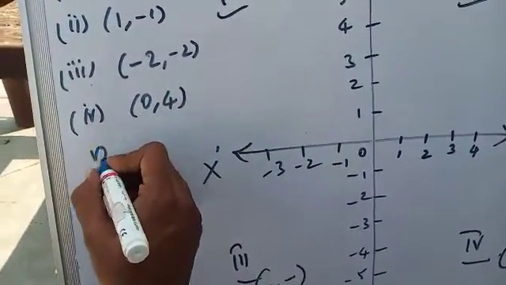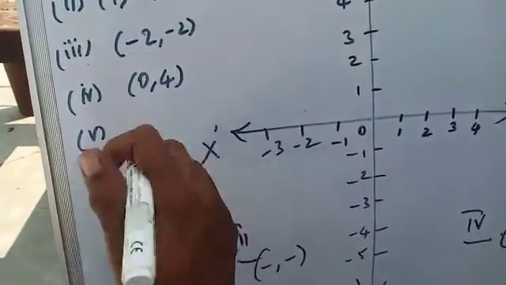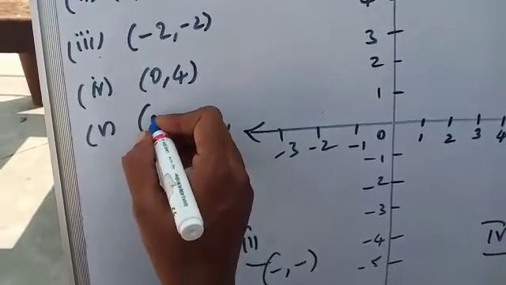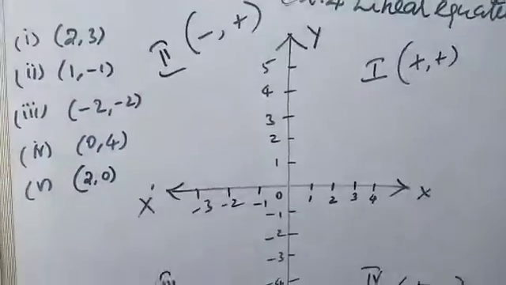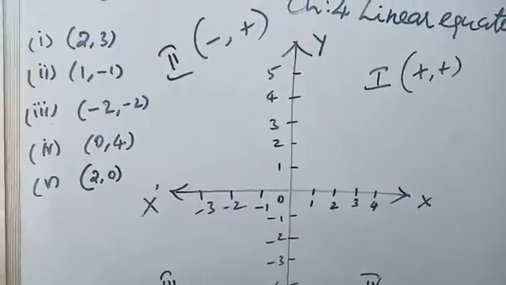I'm giving 5 points now. The fifth one is (2, 0). See how we are going to locate them now.